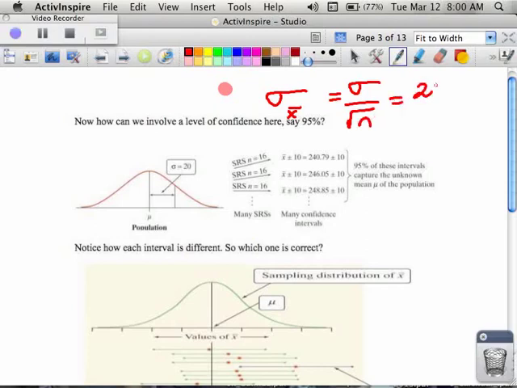So we had 20 divided by the square root of our sample size, 16, and that gives us 5. You might have seen that before, maybe on the previous page, where they had 5 for that.